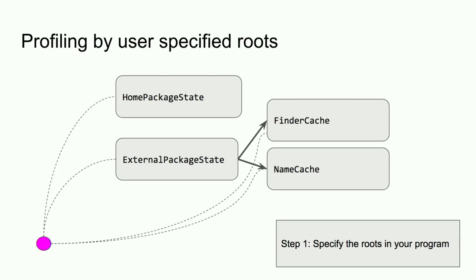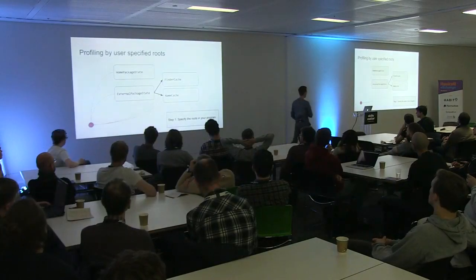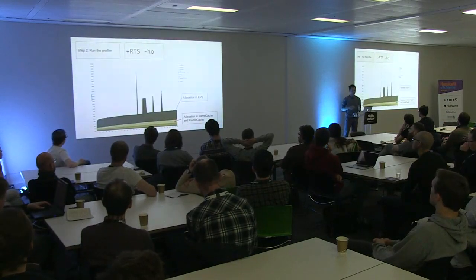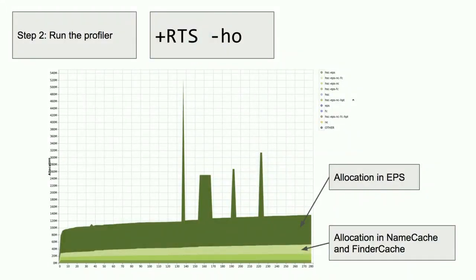So the first step is that I add 4 roots into my program, one pointing to the home package state, one to the external package state, one to the finder cache, and one to the name cache. And then I spin up the program with the RTS -hO flag, and it tells me how much memory is accessible from those specific roots. So this allows you to create much bigger bins and see everything that is underneath that bin for however much you want to see.